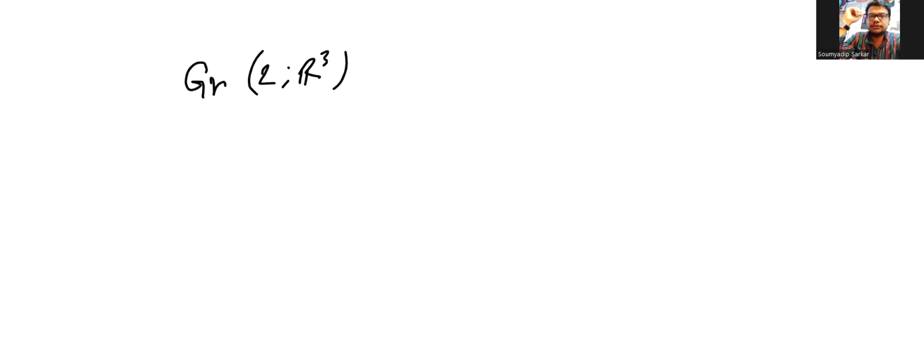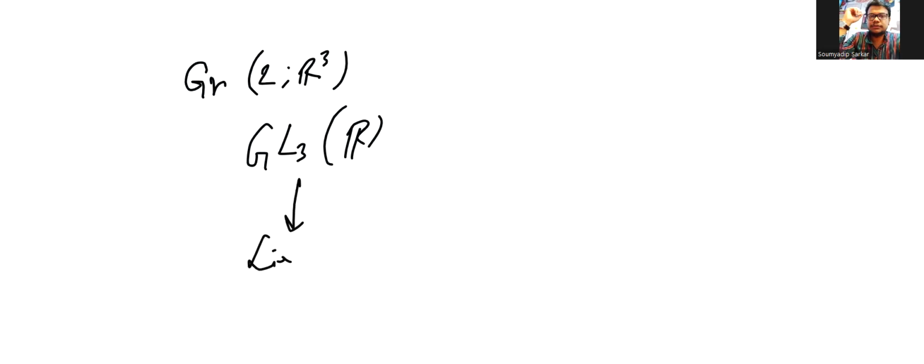Then you have the 3 by 3 invertible matrices over real numbers, GL3R. This is a nice Lie group. Why is this a Lie group? Because GL3R can be thought of as an open subset of R to the power 9, right?